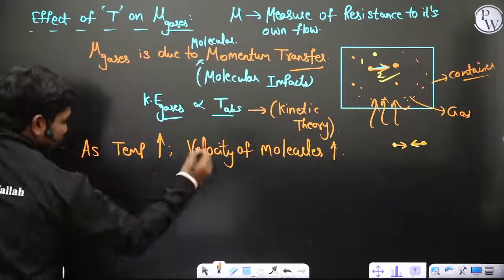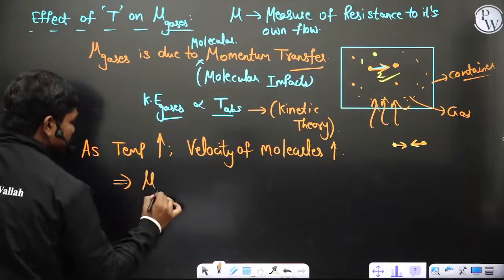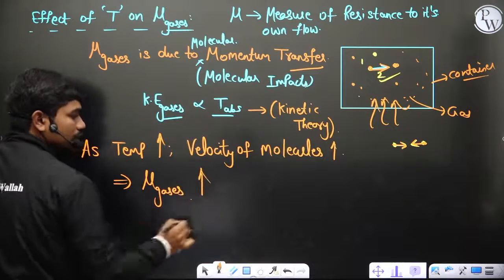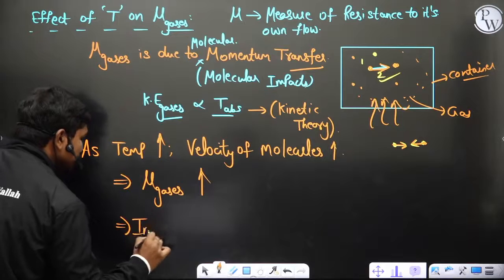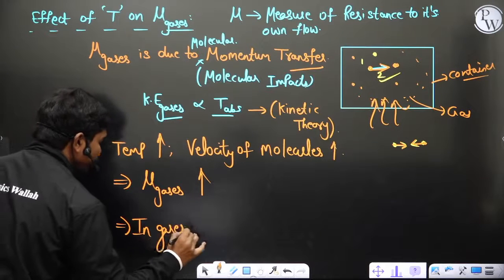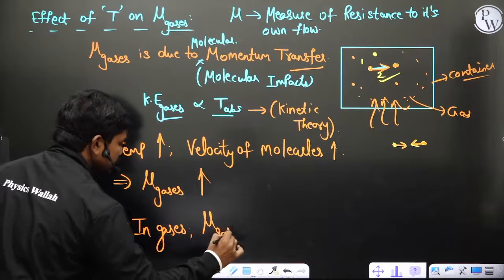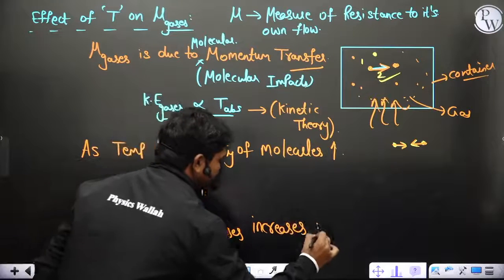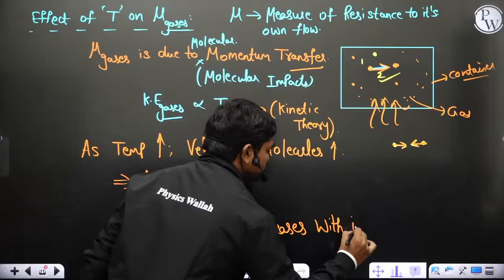Therefore, as velocity increases, the dynamic viscosity of gases, meaning the resistance they face to move, also increases. So in gases, mu increases with increase in temperature.